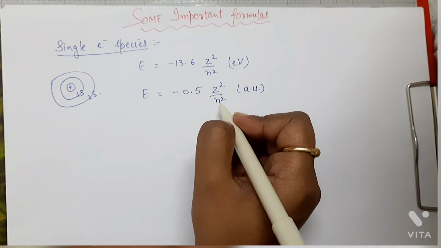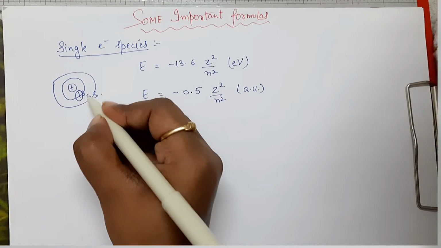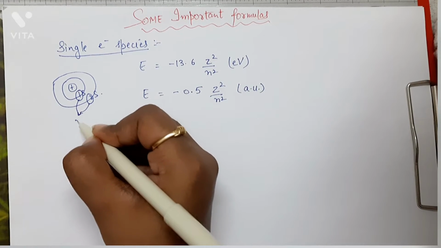Remember here, what will n be? n is this value. This 1, this 2, these are your n values.